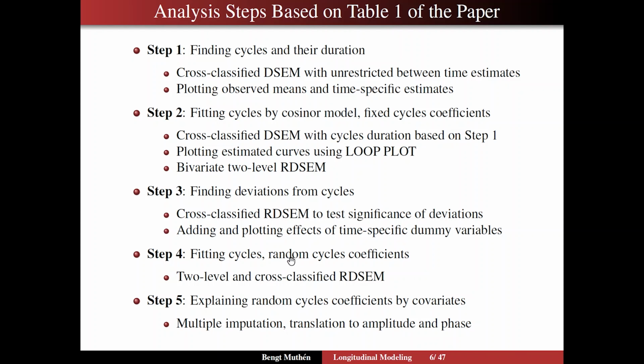And once you have random cycles coefficients, that is cycles coefficients that vary across individuals, so different individuals have different cycles, then you can take step 5 and try to explain that variation across individuals by individual specific covariates, time invariant covariates, background characteristics of the individuals that can explain why certain individuals have, say, higher amplitude in their cycles.